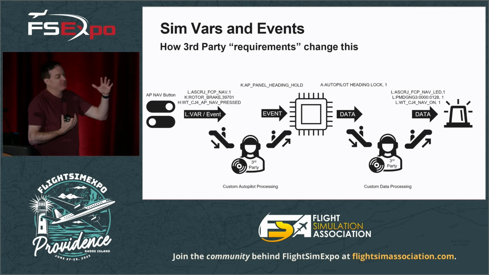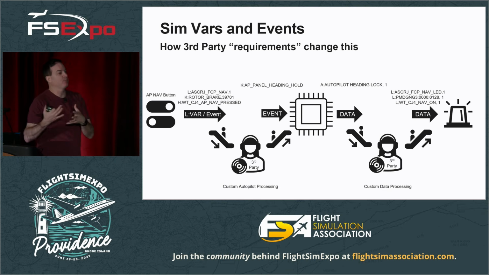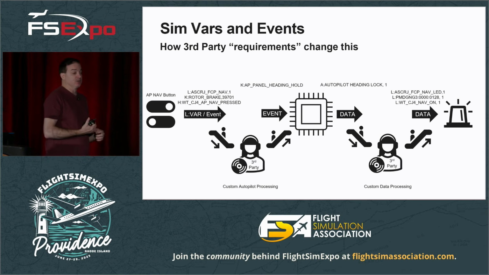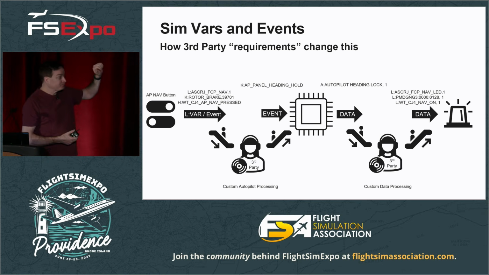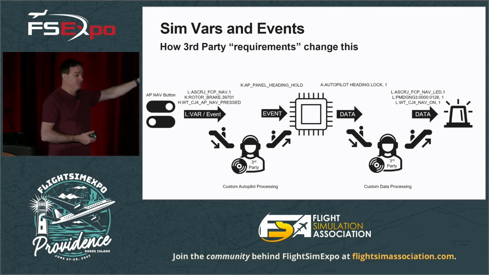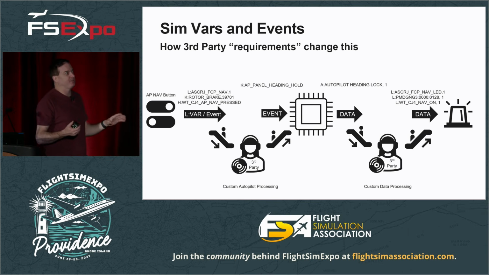So then they send an event to the sim, it processes the data, but again, they don't use the actual A-VAR, they hide that, and then they process their own application, and they show you the data. So a lot of times, we have to send an L-VAR. With the Aerosoft CRJ, for example, one of the first ones in 2020, they had L-VAR events.